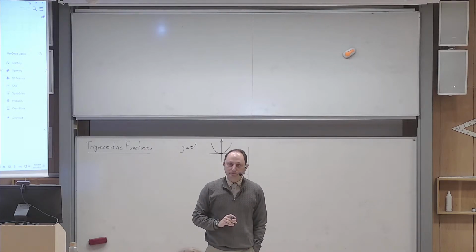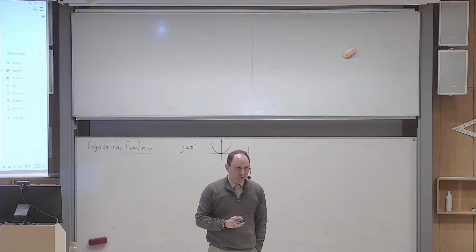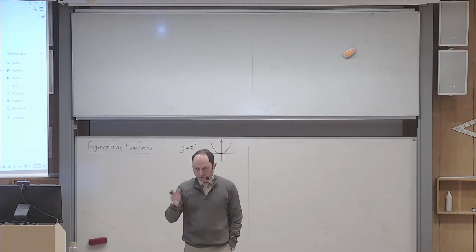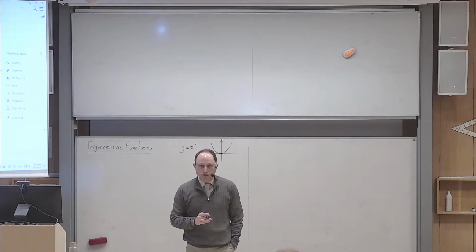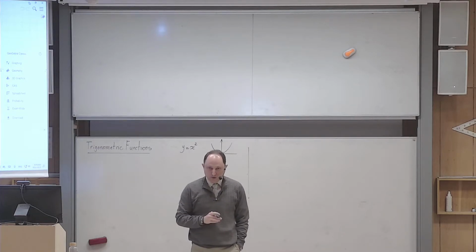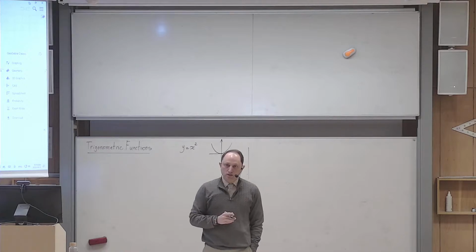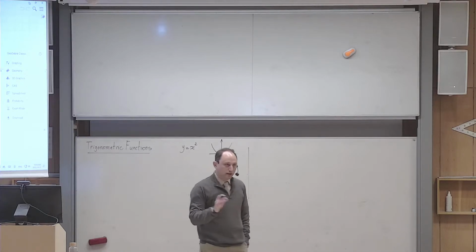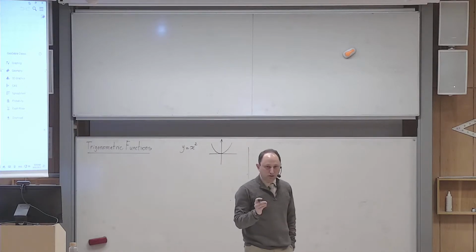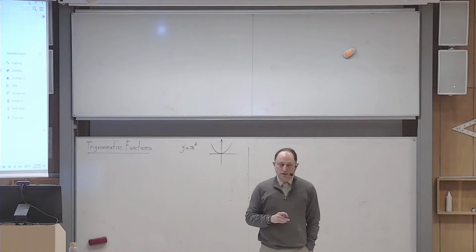Isn't tangent not defined in some situations? Yes, because tangent is actually a fraction, and sometimes the denominator, which is cosine, vanishes, and then we have some problems there. But for sine and cosine, I don't have any limitations at all for the values that I can put instead of x.